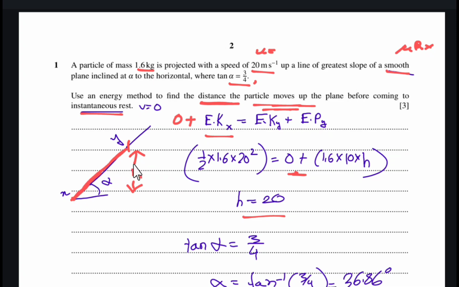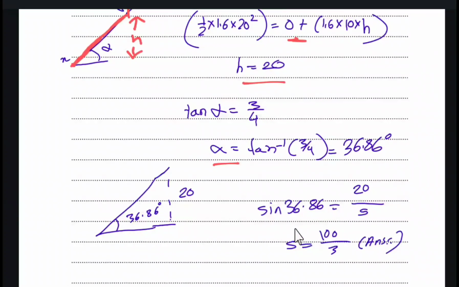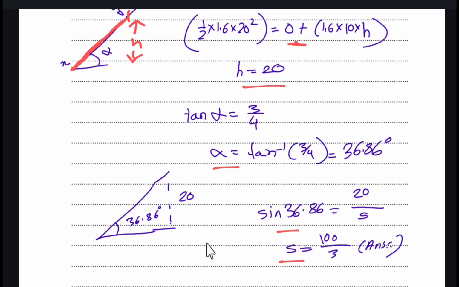We know the vertical height and we know the angle. We know that sin alpha is equal to opposite over hypotenuse. So first of all we need the value of alpha, then the distance the particle covers comes to be 100 by 3 as our final answer.